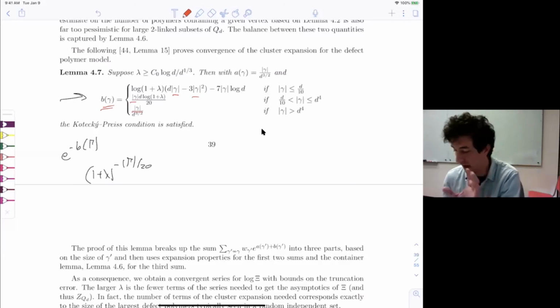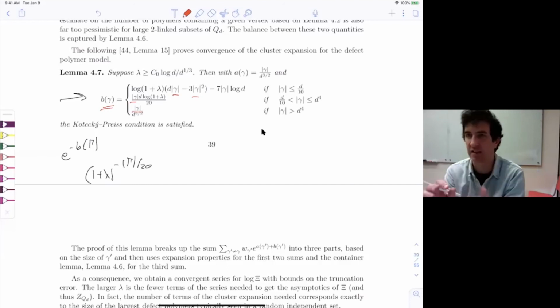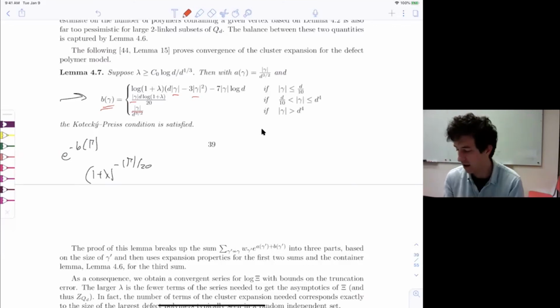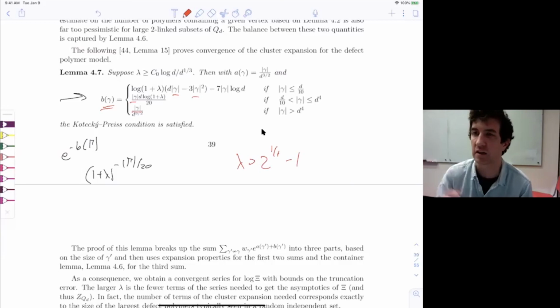For the actual clusters that you're computing, of course, some are negative, some are positive, and you have to compute everything. But as you pass these thresholds, so lambda at least 2 to the 1 over t minus 1, that's where this tail bound, we can say, either goes to 0 or not, depending on where you've truncated.